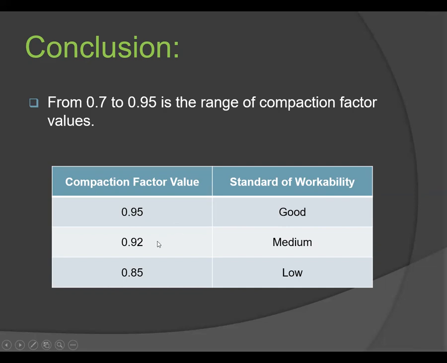If the value is 0.92, then the workability standard is medium. And if the value is 0.85, then the workability standard is low. From this table, we can tell in which range our concrete is: good, medium or low. So this is our compaction factor test.